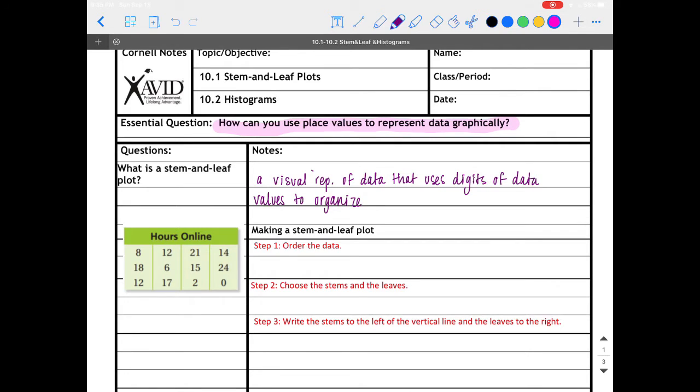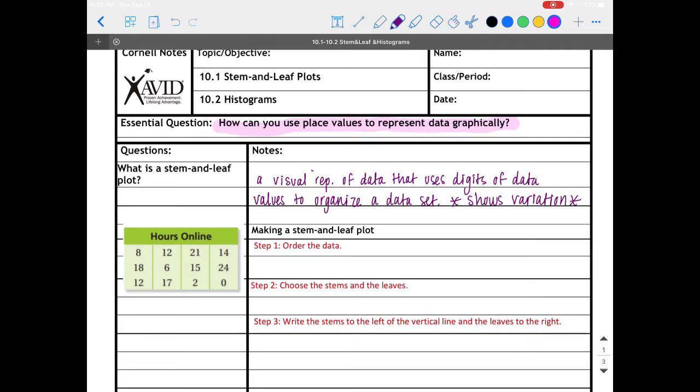Remember, this is one of our measures of variation, so I'm also going to put that this shows variation in a data set.